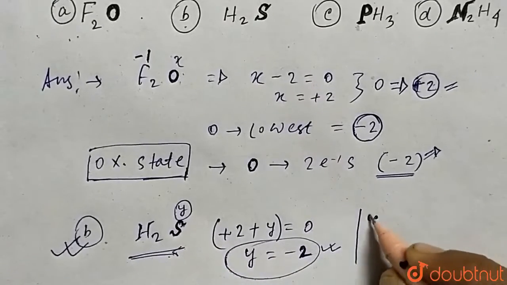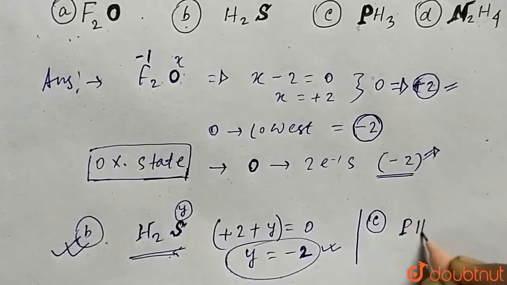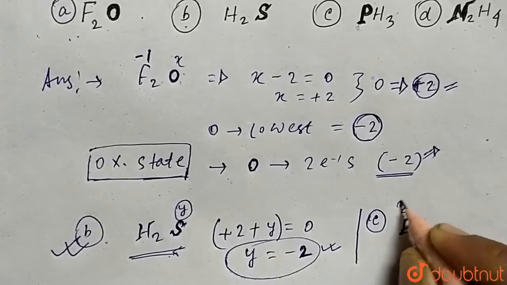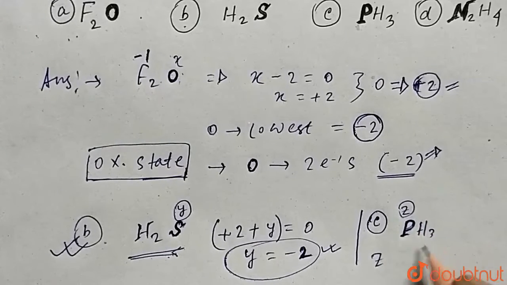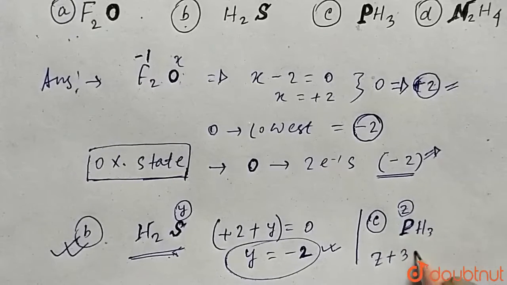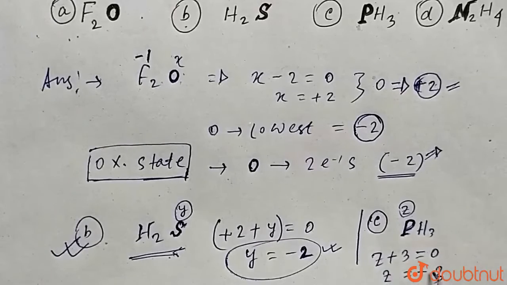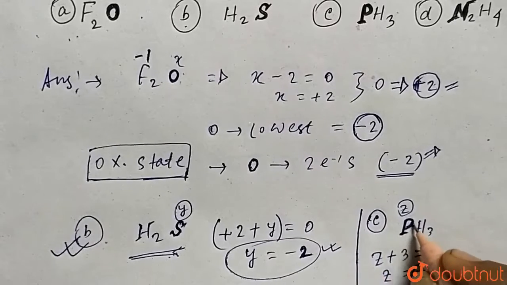Now C, if you consider, P is the bold atom in PH3, phosphine gas. So phosphorus, what is the oxidation state here? If you consider Z, I have already said that hydrogen has oxidation state +1. So Z plus 3 equals 0, because +1 into 3 is +3. Z equals -3. So here -3 is the lowest oxidation state of phosphorus. Why?